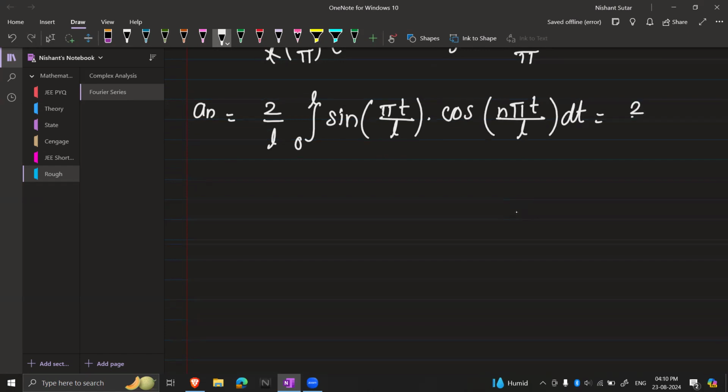I will try to integrate this value. Instead of doing it by integration by parts, I can think of this as sine into cos.